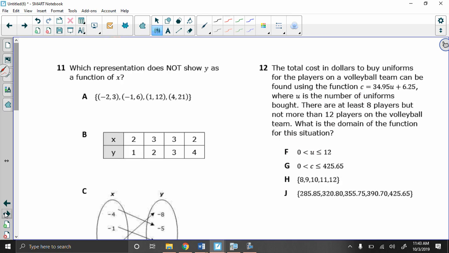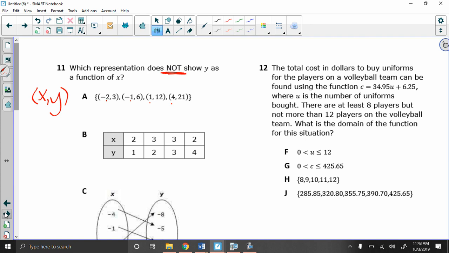Number 11. It's asking us which representation does not show y as a function of x. So which one is not a function? All right, so if we look at A, we're wanting to make sure that none of our x values repeat. So -2, -1, 1, and 4.